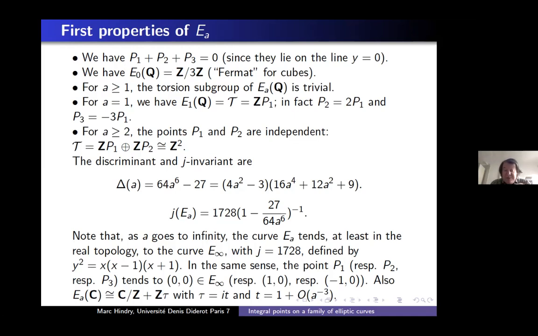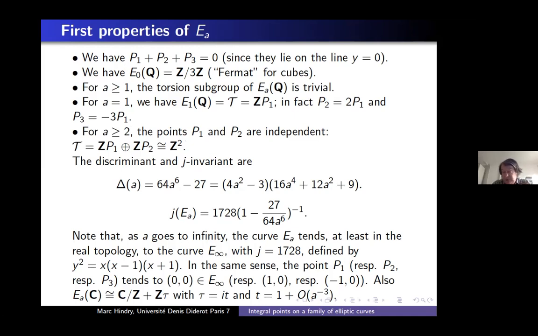The other statement is that A equals 1 is a bit special. We have that the group generated by the trivial points is cyclic, or monogenous. It's generated by P1. In fact, we have the relation that P2 is twice P1 and P3 is minus 3 P1. Now, for all A greater than 2, there are no such relations.